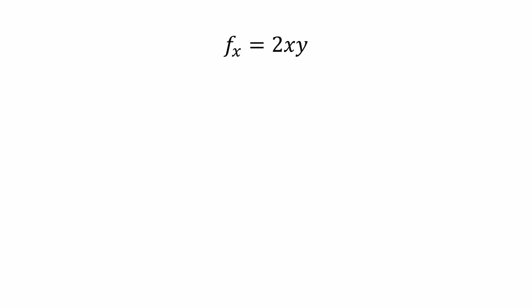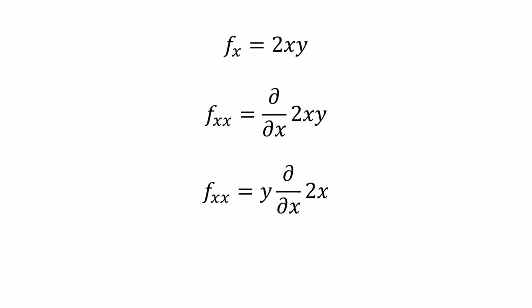Next, we take the partial derivative with respect to x. This gives f sub xx equals d by dx of 2xy. Applying the constant multiple then gives f sub xx equals y d by dx of 2x.